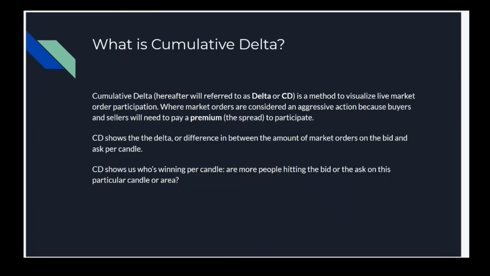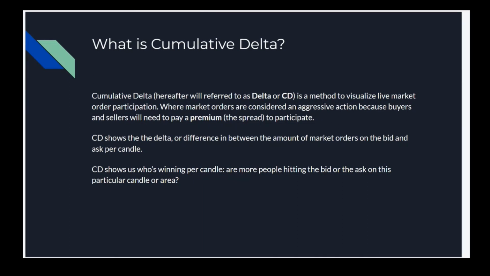So what is cumulative delta? Cumulative delta, or delta or CD, as it will be mentioned later, is a method to visualize live market order participation. Like Daniel mentioned, we're looking at who's pressing which button, who's crossing a spread, who's paying that premium. Market orders are considered aggressive action because buyers and sellers need to pay that premium.